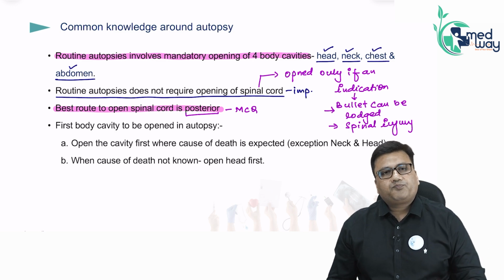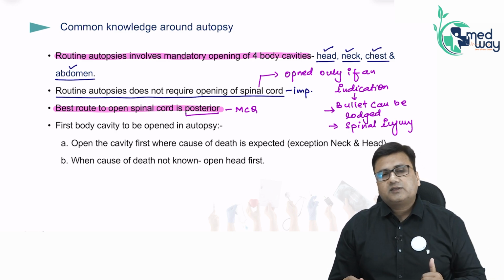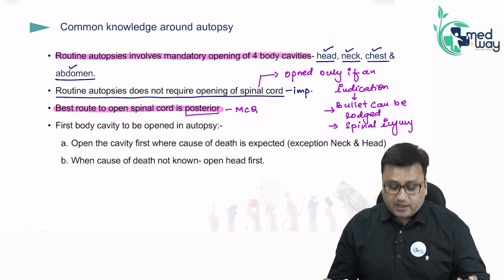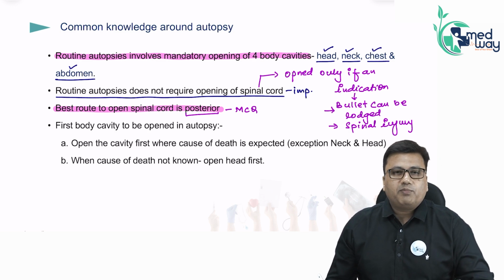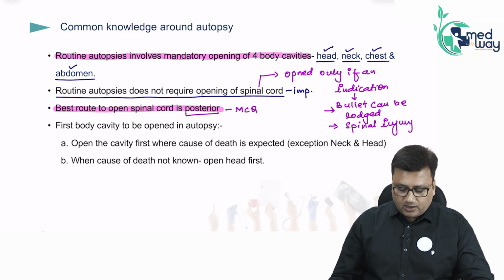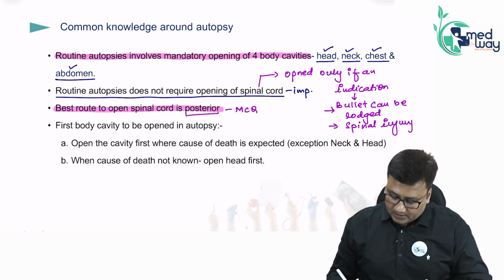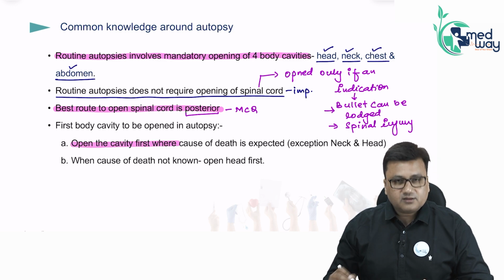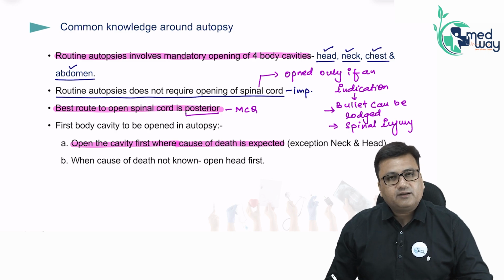Also, we need to understand a very important thumb rule when we talk about basic concepts of autopsy. What is the first body cavity to be opened in autopsy? Now, understand two basic thumb rules. The first is, open first the cavity where the cause of death is expected.